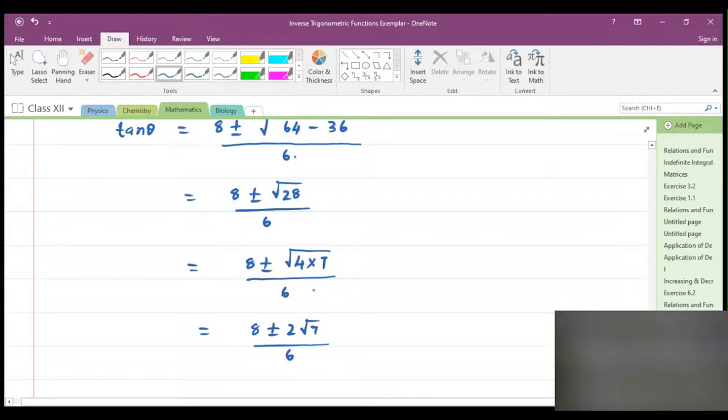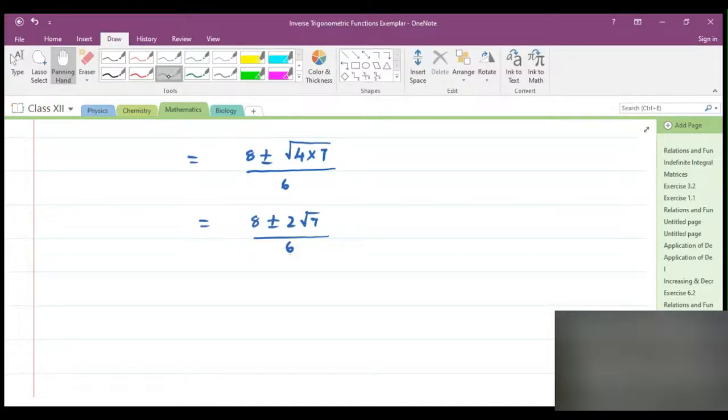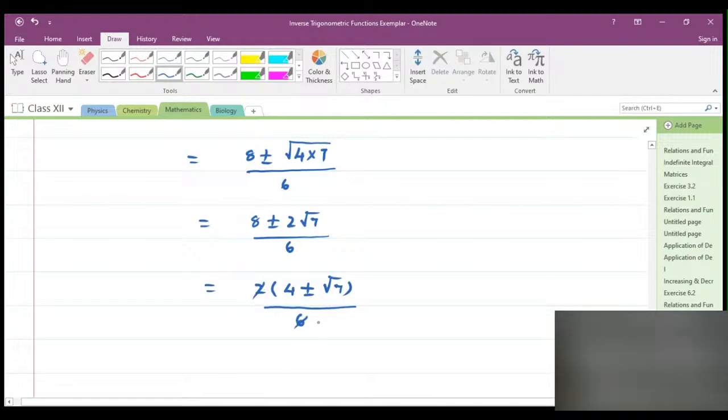Hope there is no problem to understand up to this step, as square root of 4 is 2. So the next step, we take 2 as common, then we get 4 plus minus root 7 by 6, and we cancel, then we get 3.